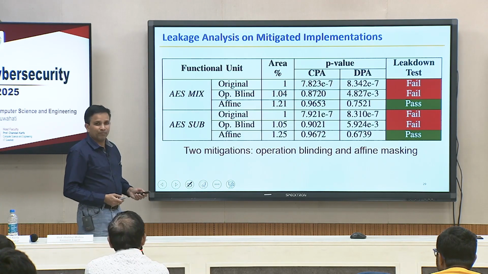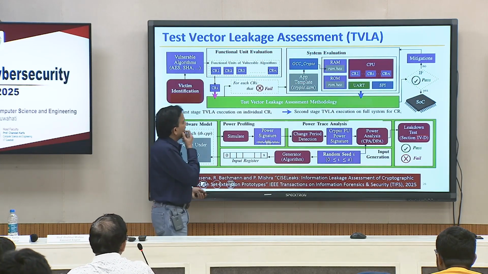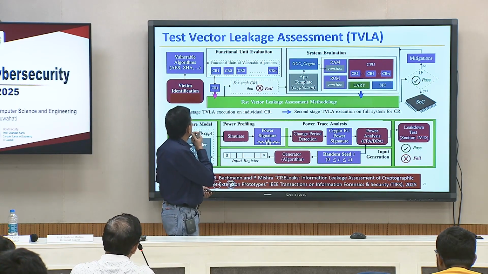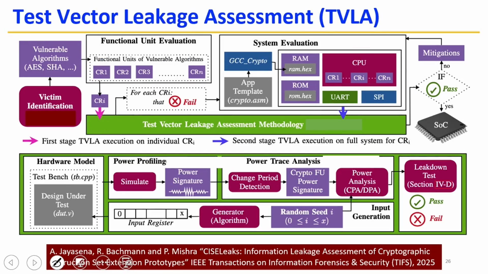The TVLA is exactly the same that you do for AES? There is a little bit of difference. Some of those differences are, one is test generation, of course, then victim identification, then boundary, and fourth is doing it on the unit level and then on the system level. So there are just a few minor differences, otherwise it is TVLA.